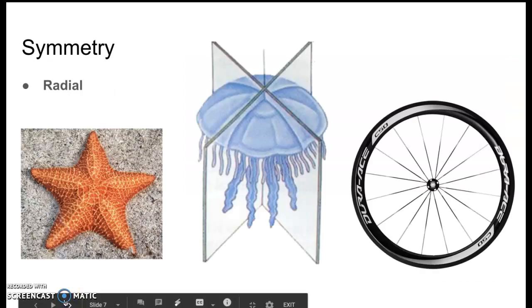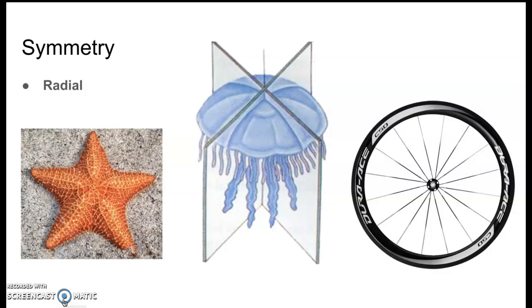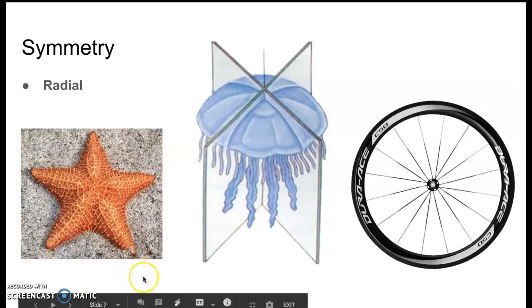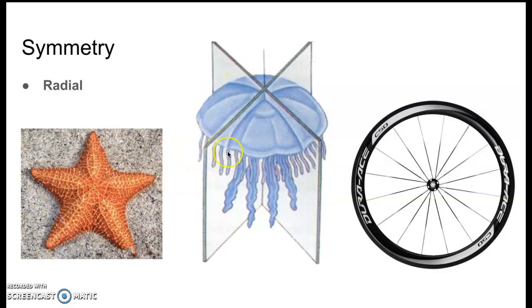The next type of symmetry, which is more evolved than asymmetrical, is radial symmetry. So these organisms are radially symmetrical. If I try to split my sea star here, I'm going to have two equal parts. In here, I'm going to have two equal parts. Same thing with this organism here.